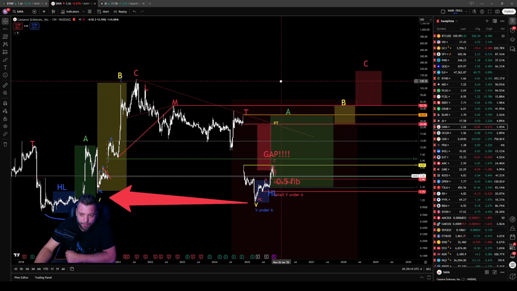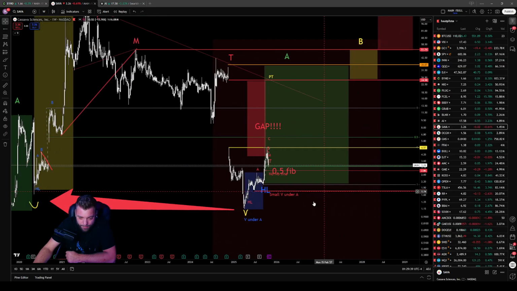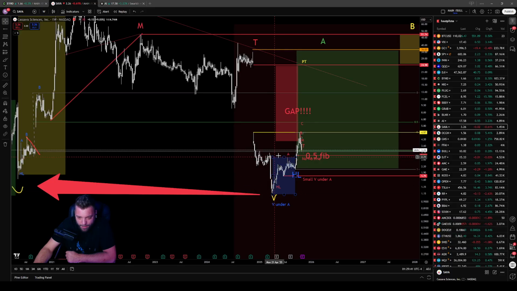So, for the tracking, here's our V, here's our high low. We did our A pullback, always massive upsides, massive pullbacks. Then we go to our B pullback, C, LMT, gap down to our V and A. This, what we did the last weeks, months, was our high low.